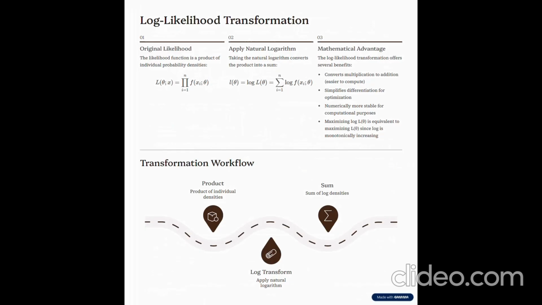By applying a natural logarithm, we transform complex multiplication into simple addition. This makes our calculations much easier to manage, prevents numerical errors, and significantly simplifies the calculus required to find the parameter values that best fit our observed data.